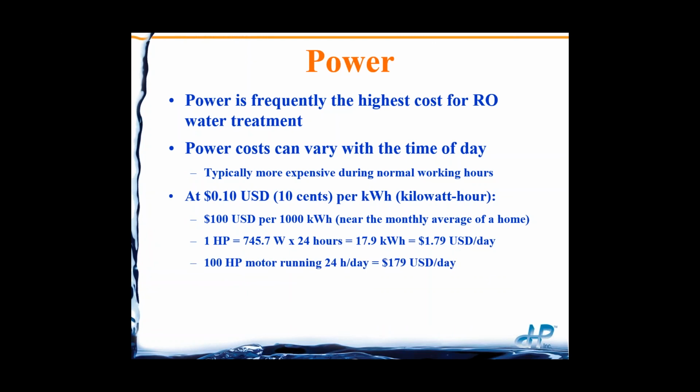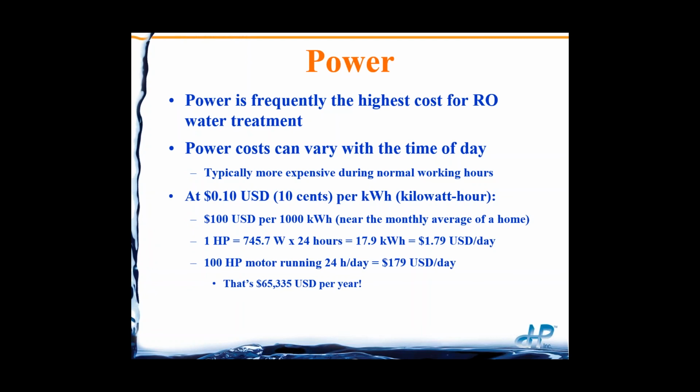Well, what if you have a 100 horsepower motor, and many of you have motors bigger than this, and you have many of them? If you have a 100 horsepower motor running 24 hours a day, that's 179 US dollars per day, and times 365 days, that's a whopping $65,000.